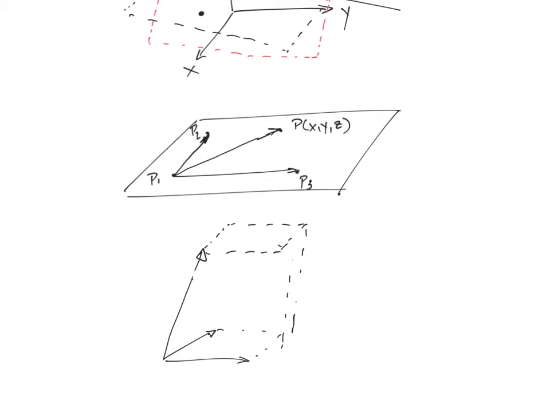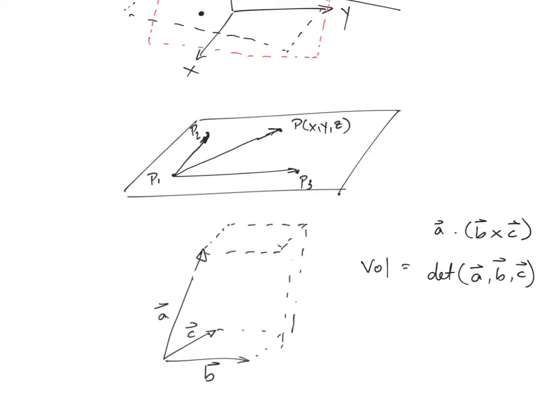Okay, and I think we call this one vector B, we call this one vector C, and we call this one vector A. And we were able to find the volume of that parallelepiped by finding what we call the triple scalar product, which was A dot B cross C, which really just turns out to be the determinant of the matrix where the vectors A, B, and C are the rows of that matrix. We just find that determinant. Okay, and that gave us the volume of this parallelepiped.